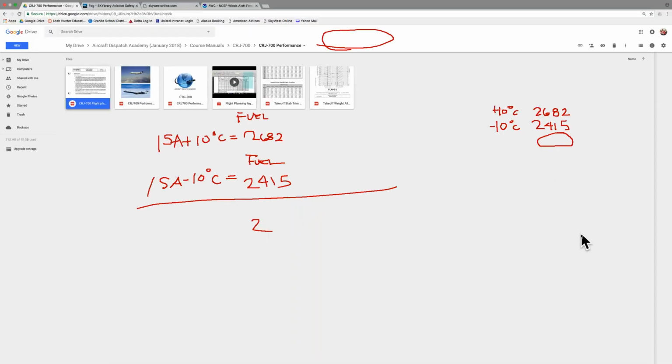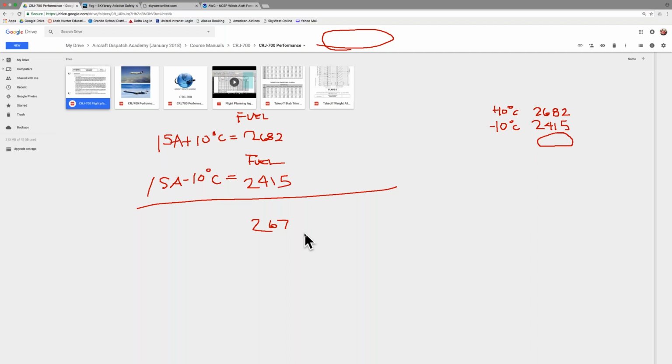267 pounds. You think that makes a difference? I mean, if you're 267 pounds short of fuel, it's a pretty big difference, right? Oh, yeah.